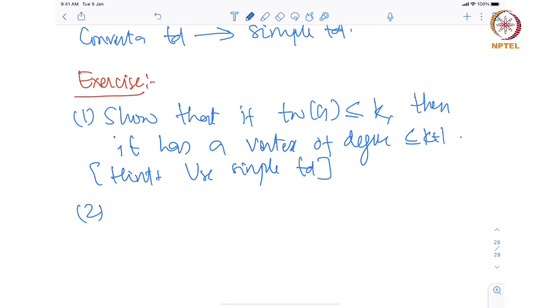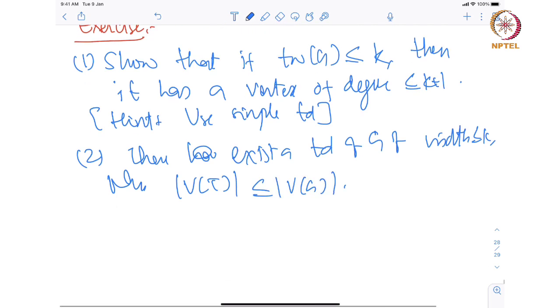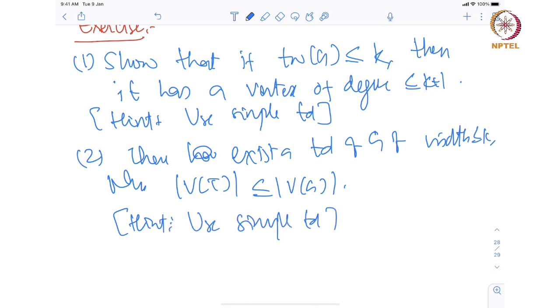Second, there exists a tree decomposition of G of width at most k, where the number of vertices in T is at most the number of vertices of G. Again, hint: use simple tree decomposition.